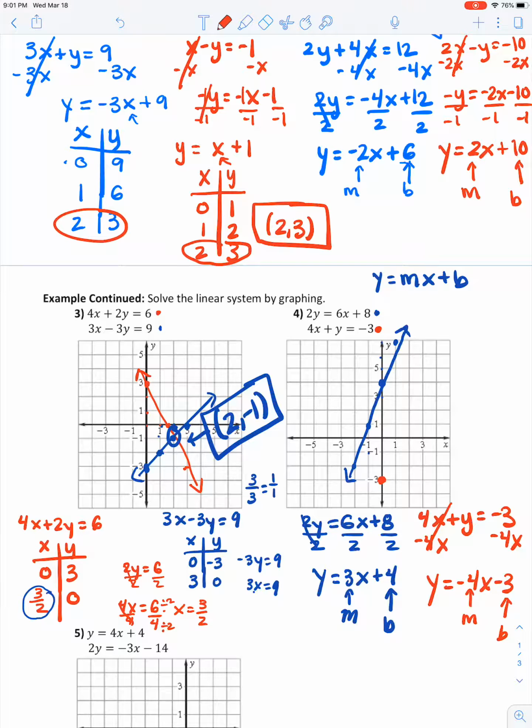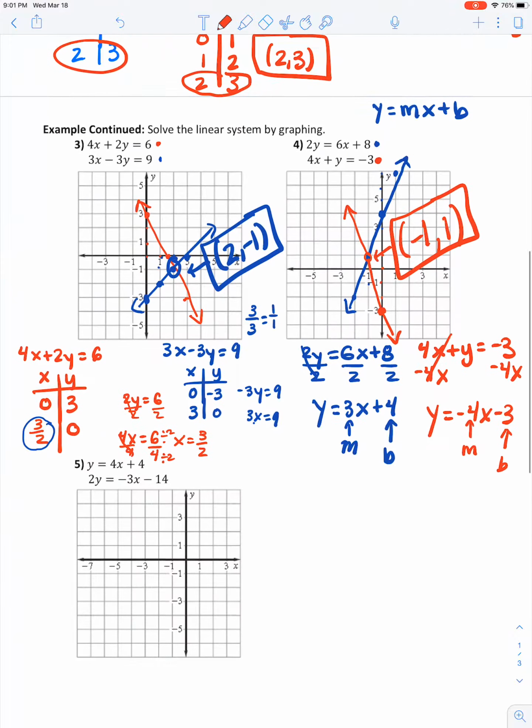That means I go down 4 over to the right 1, or the opposite, I could go up 4, 1, 2, 3, 4, and over to the left 1, which right there I see is my point of intersection. That means that's the solution to this system of equations. So this point right here, which is the point (-1, 1). That is my answer to that problem.